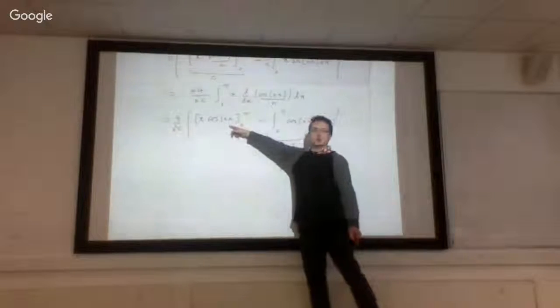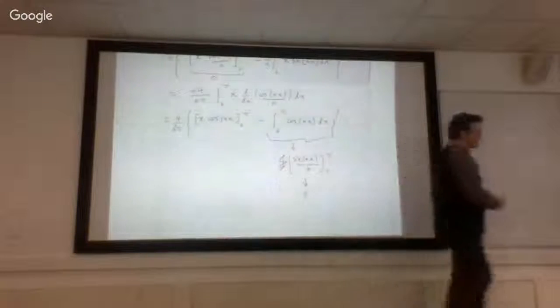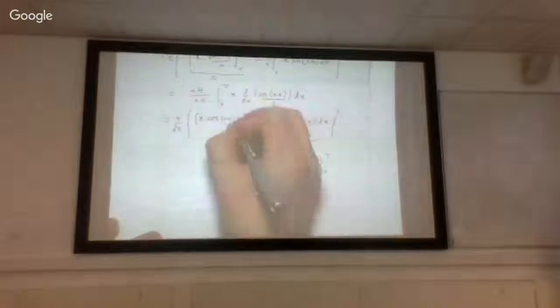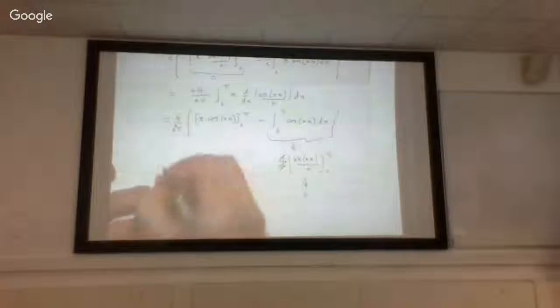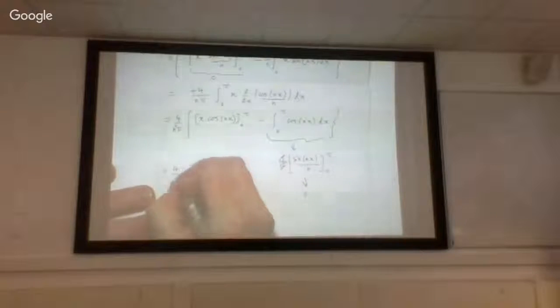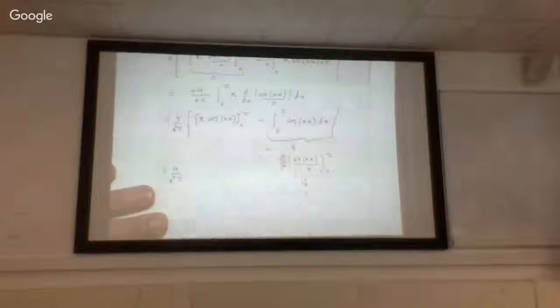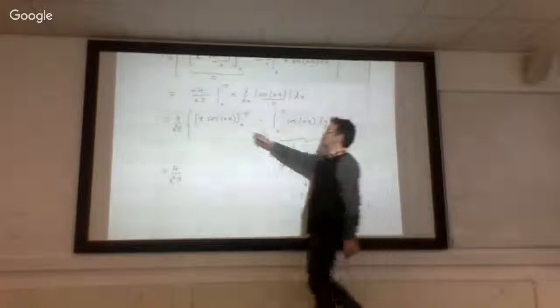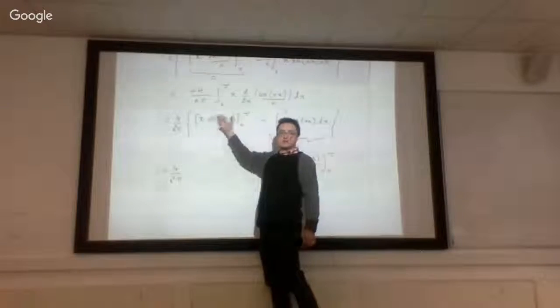What survives is coming from this up here. And just a round bracket there. So what does survive here? This is 4 over n squared pi times, well, when I substitute in x equals 0, of course, there's a factor of x here, so I don't get anything.